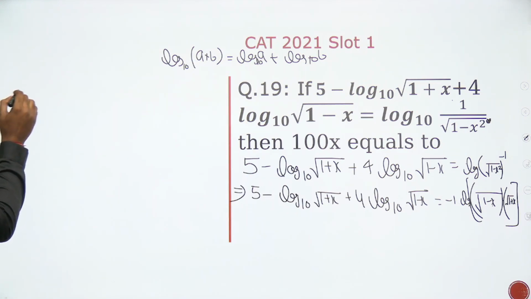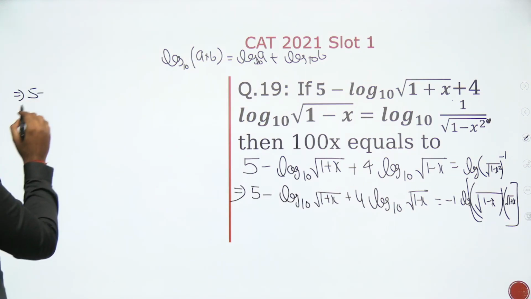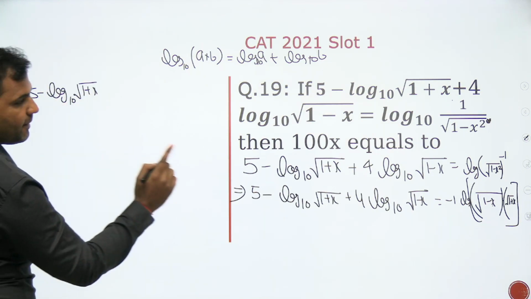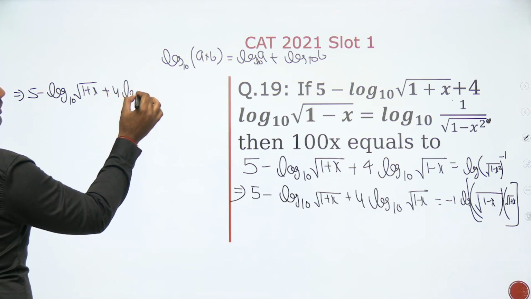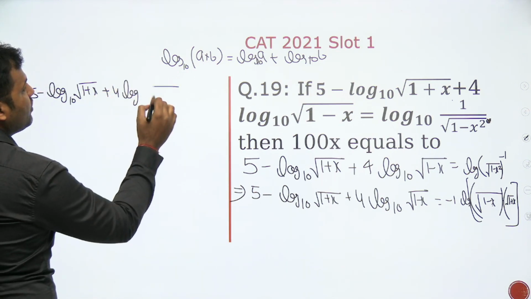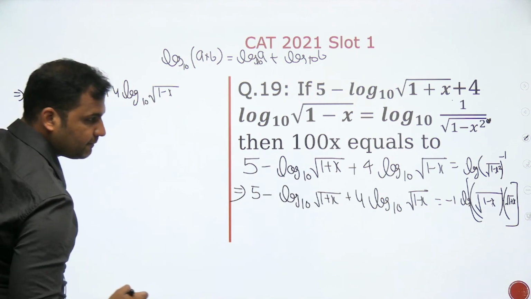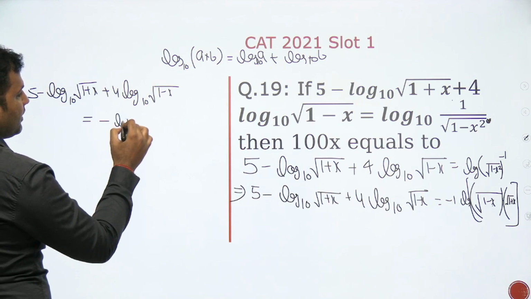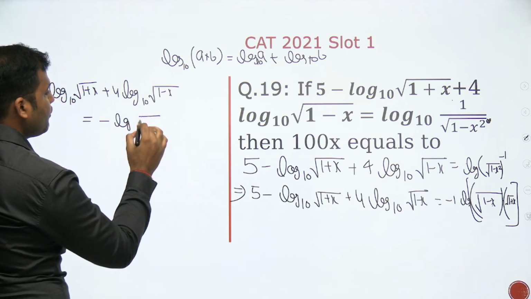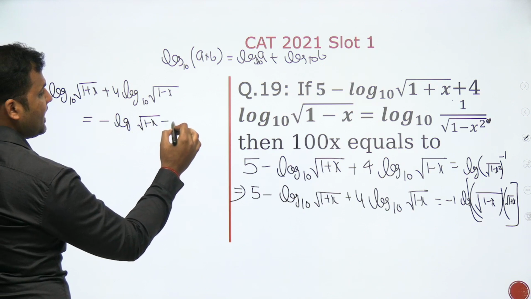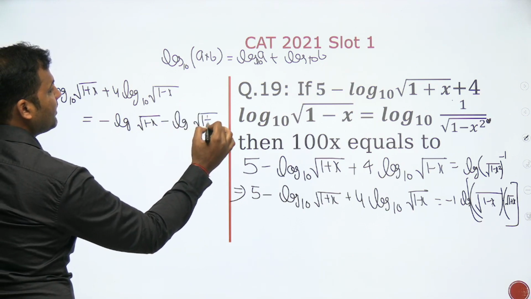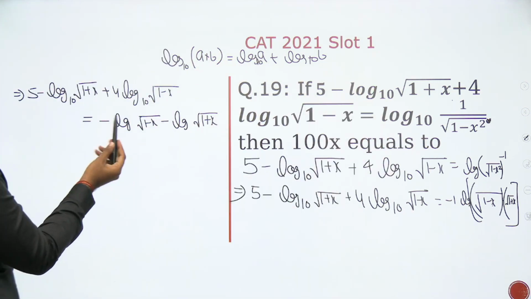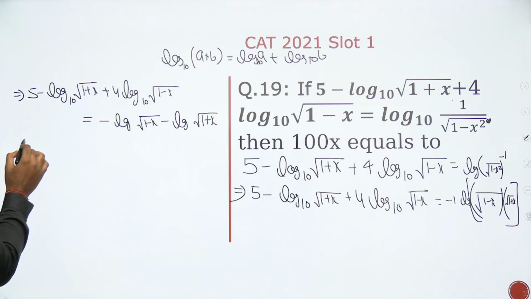So you will have 5 minus log of root 1 plus x to the base 10 plus 4 log root 1 minus x to the base 10 is equal to minus into log root 1 minus x minus log root 1 plus x. I'm applying this rule on the right hand side, and because minus is already there, both of these two values will come with a negative.